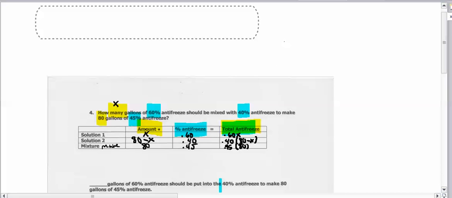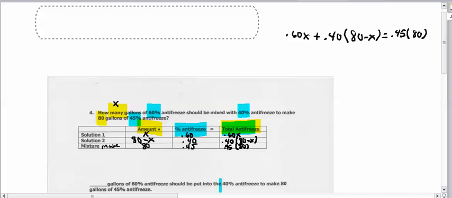I'm going to write my equation. It is 0.60x plus 0.40 times 80 minus x is equal to 0.45 times 80. Okay, clear the decimals if you don't have a calculator.